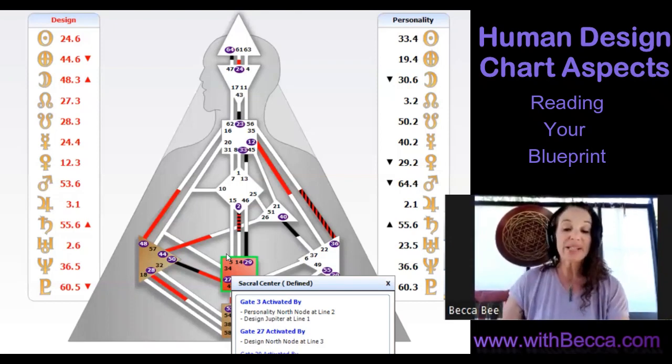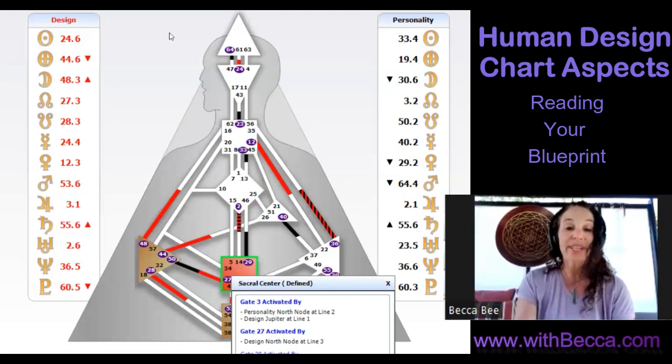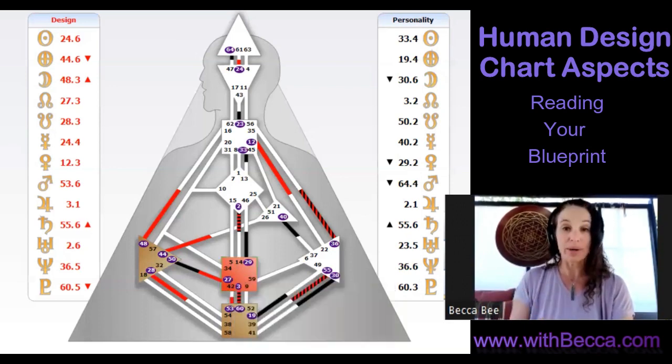So now as we begin to look at this, we're going to look at the energy within the gate. So each gate is held within one of these centers. And when we see this, we're going to see that as each gate is in there, if it is defined, again, these definitions come from the astrological positions of where the planets are at the moment that we are born.